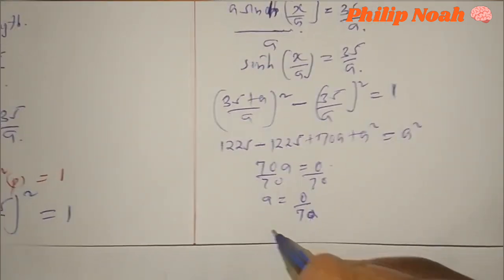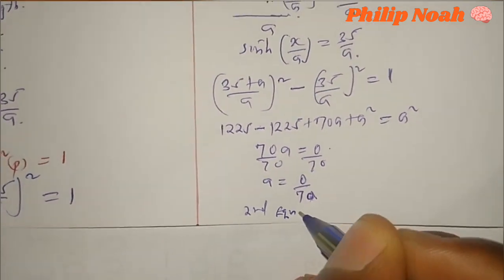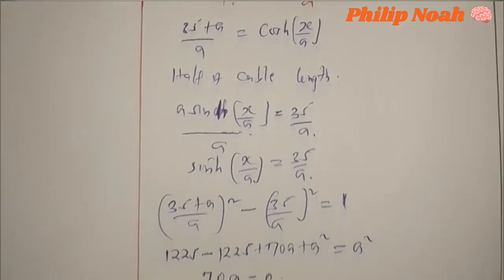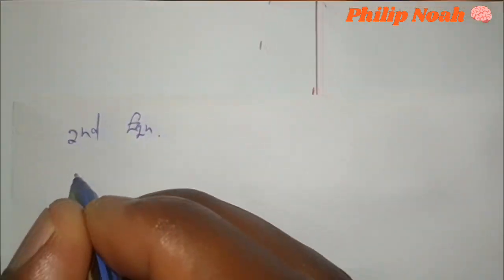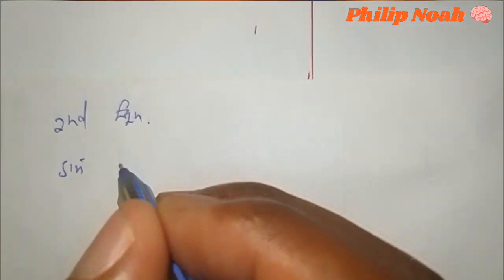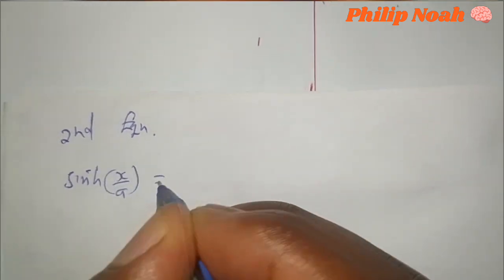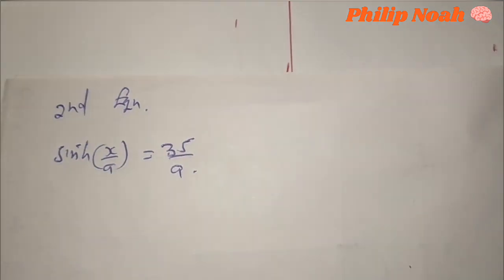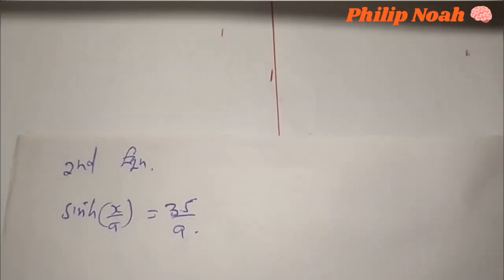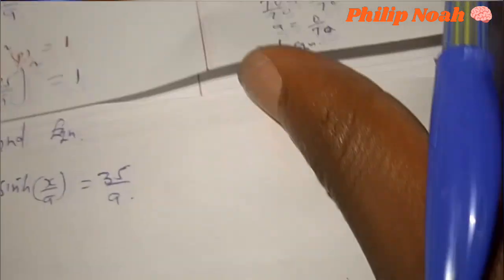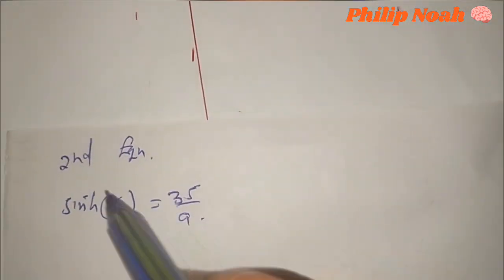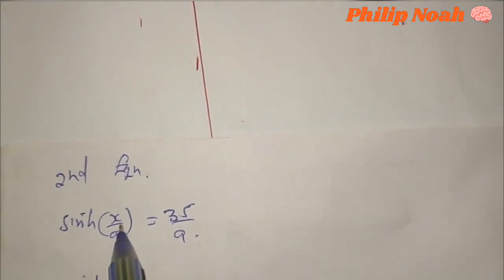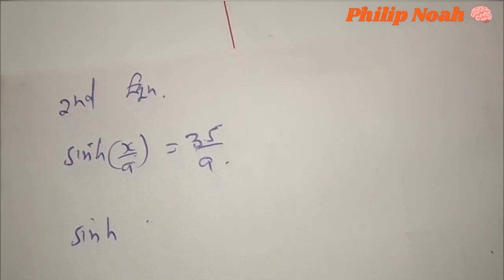In the second equation, as we have done here, sinh X over A is equal to 35 over A. And our A is here, 0 over 70. So this is going to be sinh of, what's our A? 0 over 70.